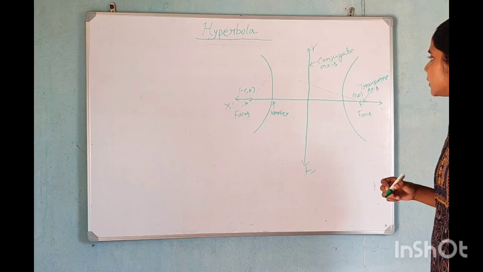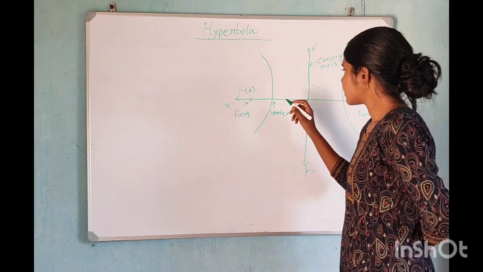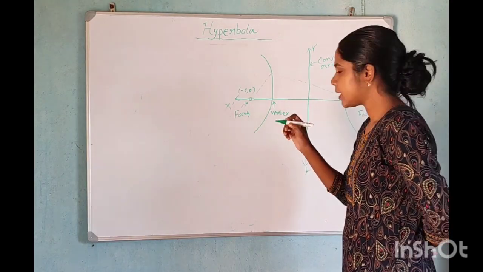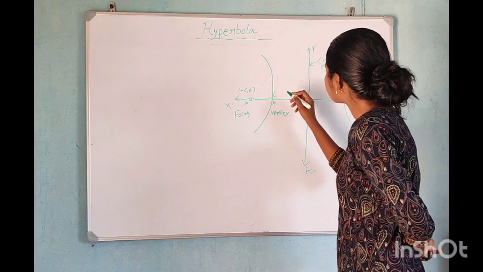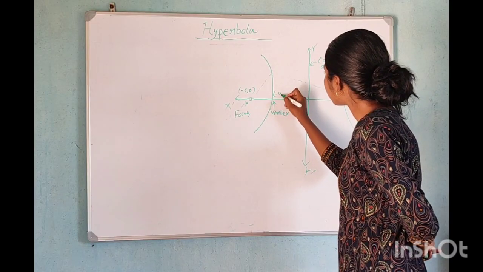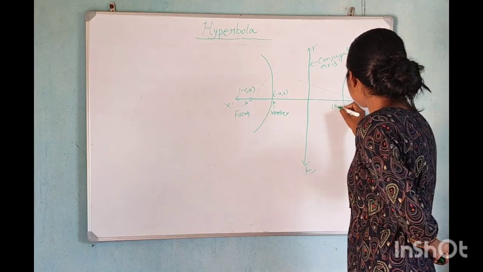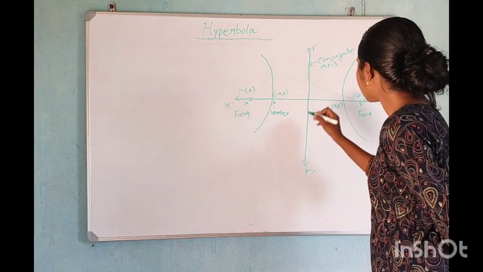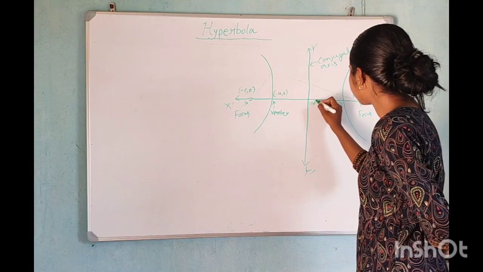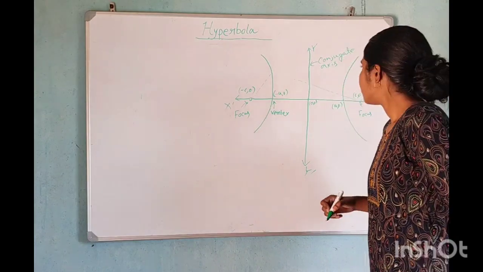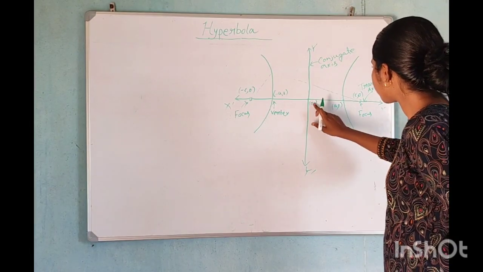And vertex is the same as in ellipse. Vertex is, here on the negative side, minus a, 0, and here it is a, 0. Center is 0, 0 here, because this is the standard form of hyperbola.